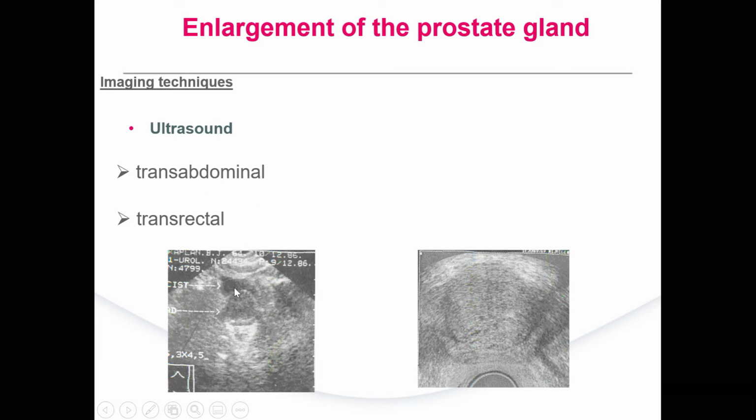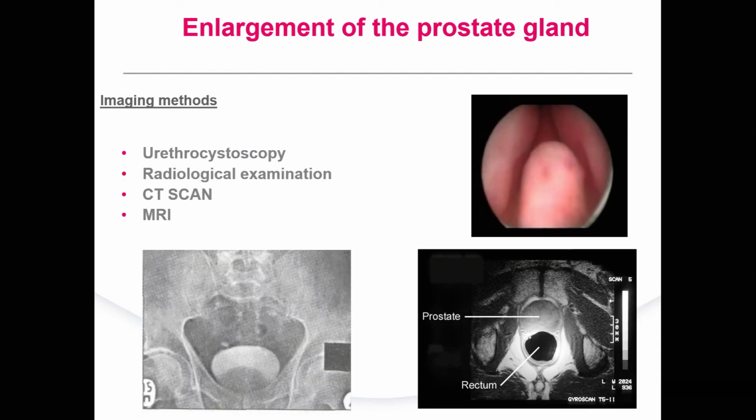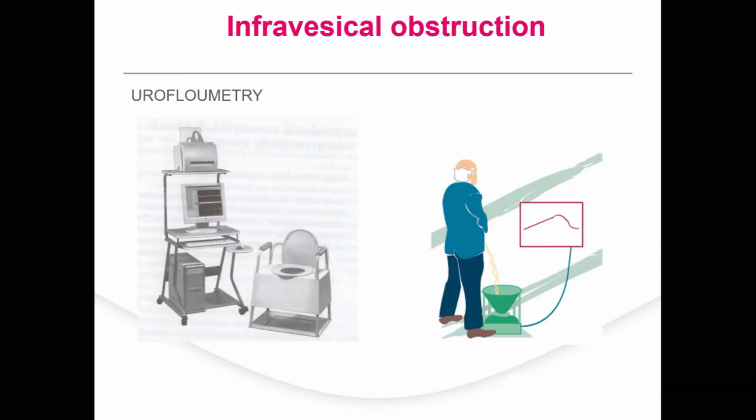But if we have some problems with the tissue of the prostate and its changes and signs of prostatic cancer, we should make the transrectal examination of the prostate gland. The enlargement of the prostate gland we can also see during urethral cystoscopy, radiological examination, CT scan, and MRI.